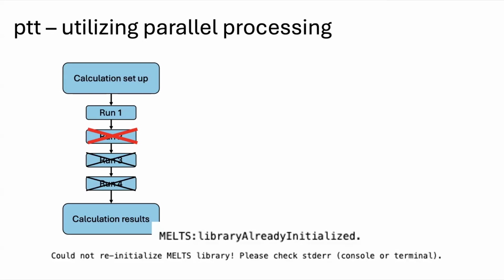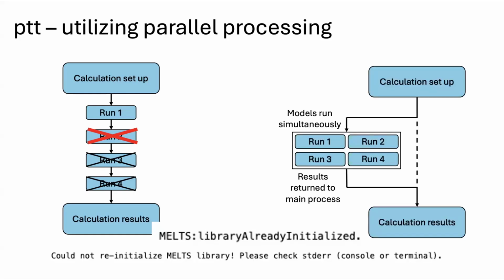If you're trying to set up hundreds of calculations, if you're trying to explore parameter space or explore the influence of uncertainties in some of your parameters, it can be quite frustrating if things keep crashing and terminating before you get to your answer. So what we do as default in PetThermoTools is we run these in parallel. We set up our calculations, we then initialize a bunch of child processes, and the calculations are then sent to those separate processes where the calculations are performed.